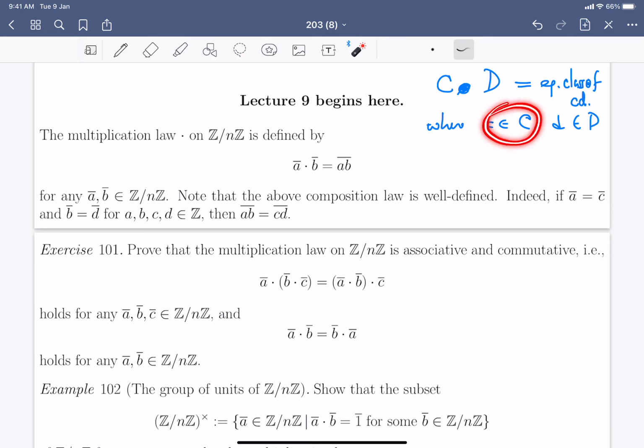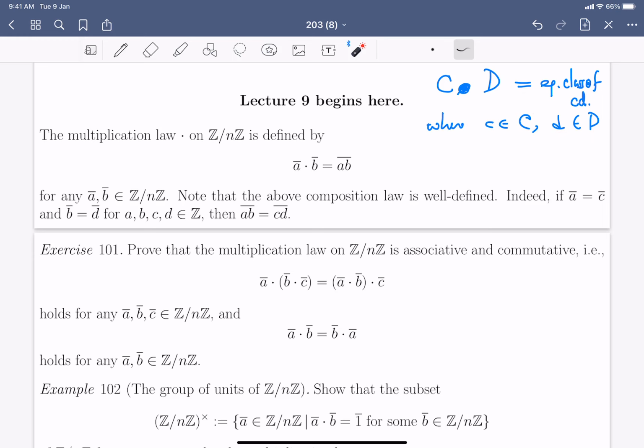But the point is that there are several choices for this element little c and little d. So you never know whether the equivalence class of c times d is going to depend on the choice of the element c from c-bar, and on the choice of the element d from d-bar.